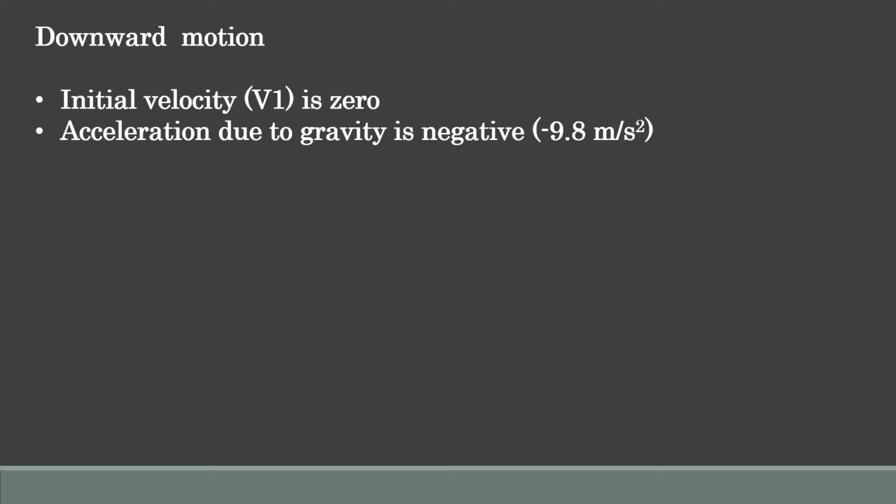Also remember that since free fall is an example of uniformly accelerated motion, we use the equations for uniformly accelerated motion when we solve problems in free fall. Let me just reiterate that those equations are: t equals v sub 2 minus v sub 1 all over g.